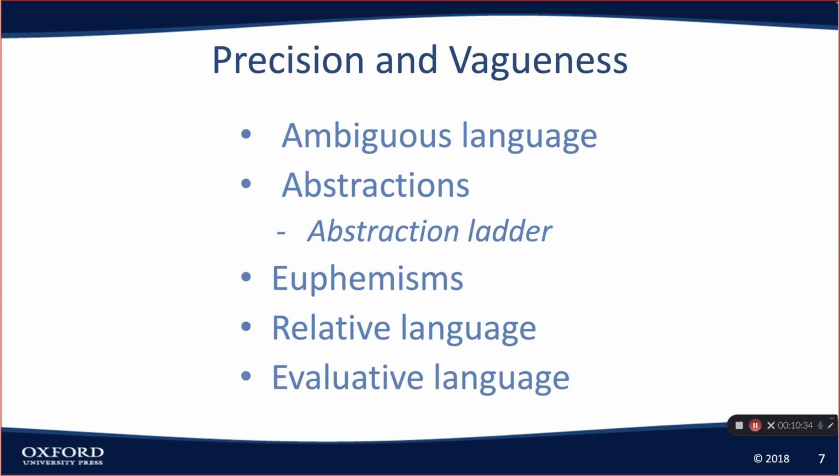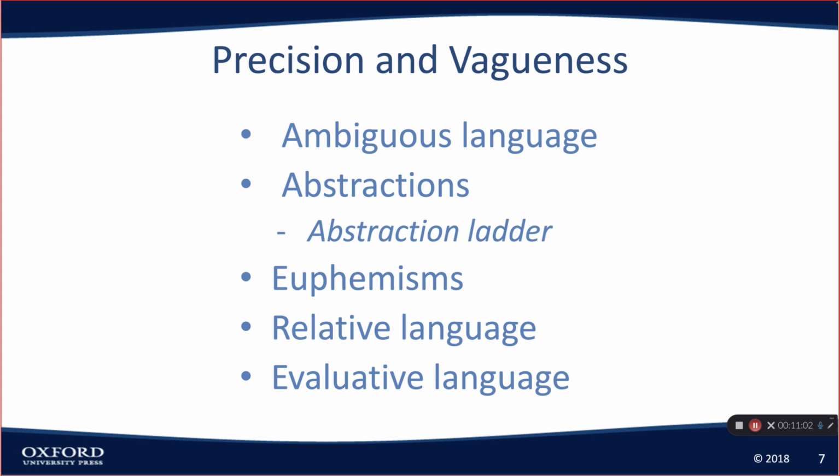Definitely in class, we will talk about one of the things which is my favorite, which is the abstraction ladder. If you have ever gotten comments from me that said details are important, make sure that you use examples, explanations, specific, concrete details, you are at the wrong spot. You are at the top of the abstraction ladder and you should be lower down on the abstraction ladder.